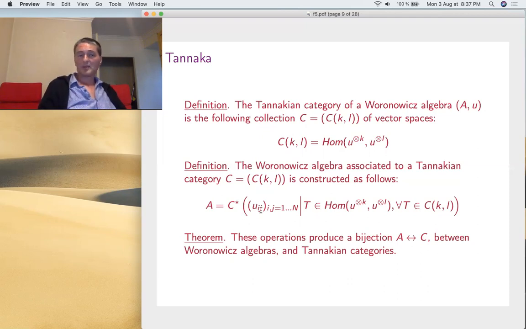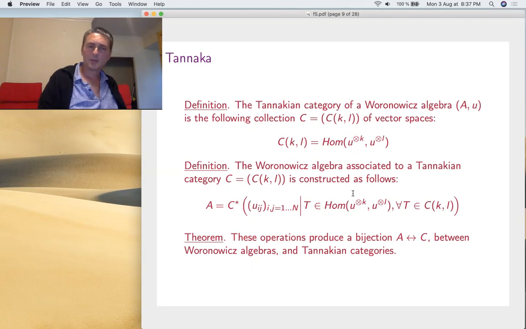I mean, the universal algebra generated by variables u_ij, and impose all these conditions. For any t here, you assume that t is really an intertwiner of u. So you mod out by all these relations. These are so-called Hopf-type relations, if you want, to get into the Woronowicz algebra. And Tannakian duality says that these are in correspondence.